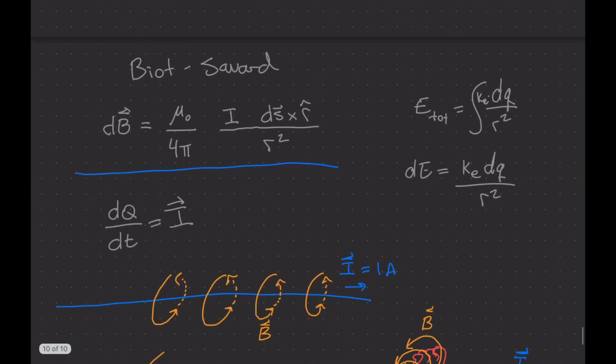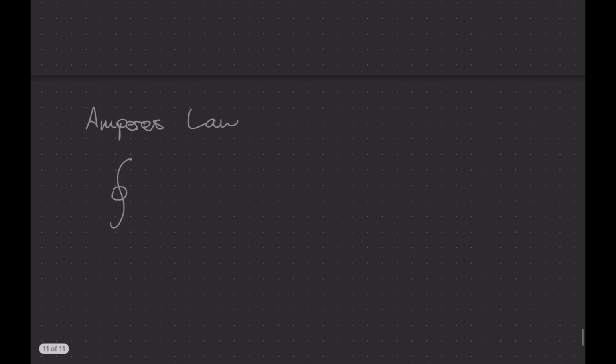So now that we've learned the Biot-Savart law, let's go to the next equation, which, like I said, is Ampere's law. Ampere's law looks very similar to Gauss's law, except here you have a 2D Amperian loop.